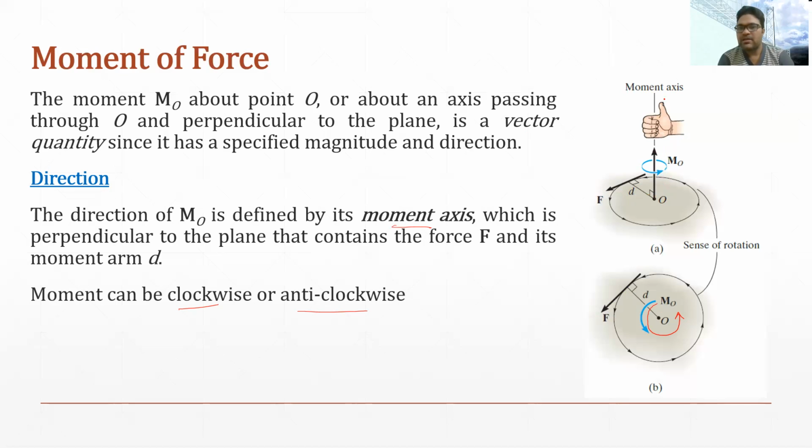This moment can also be recognized by the right hand thumb rule. So if we look at our palm, if we look at our finger, and if we close our palm, then our finger will be curling. So that curling is also a sense of rotation, and it is actually the anti-clockwise rotation. So that is what it is trying to depict.